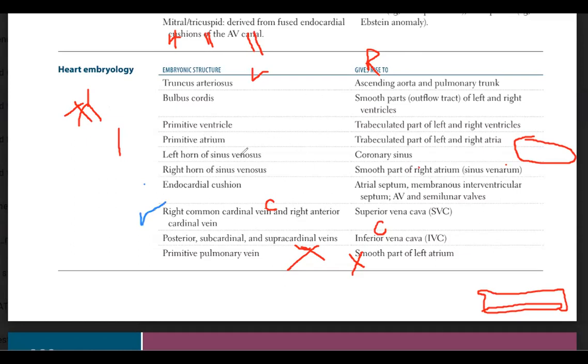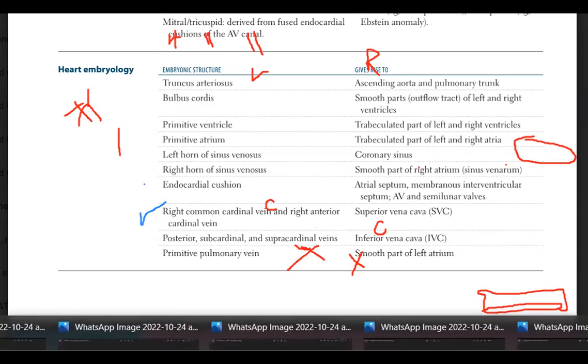Okay. Regarding the inferior vena cava, we have the posterior, subcardinal and supracardinal veins. Now, I have not kept the picture of the subcardinal and the supracardinal veins, but I can draw and explain how it will look.